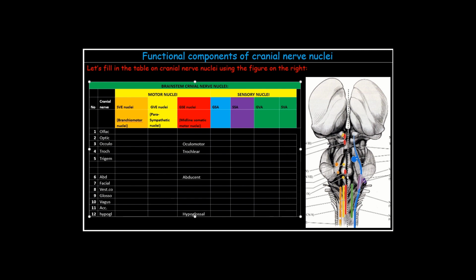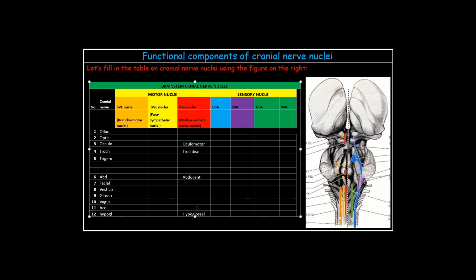The third nucleus in this column is the abducent nerve nucleus, which is the nucleus of the sixth cranial nerve, which I'm going to put over here. That's also a general somatic efferent nucleus. And then the last general somatic efferent nucleus is this long nucleus here in the medulla oblongata, which is the hypoglossal nucleus. And I'm going to put that over here in front of the hypoglossal nerve.